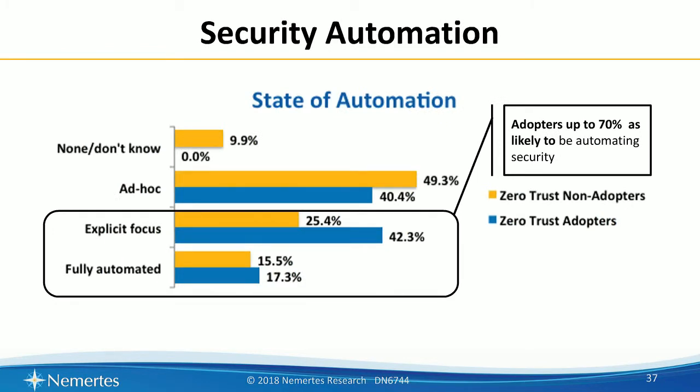Not as obviously a key discipline for zero trust, security automation. And folks who adopt zero trust are 70% more likely to be fully automating or significantly automating by making automation an explicit focus of their security acquisitions, their security operations.